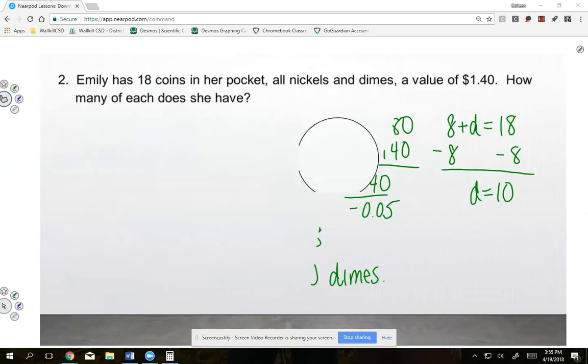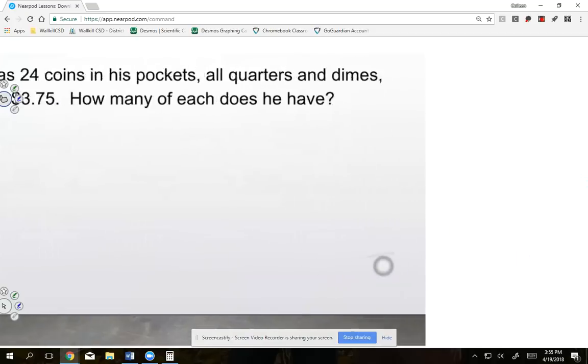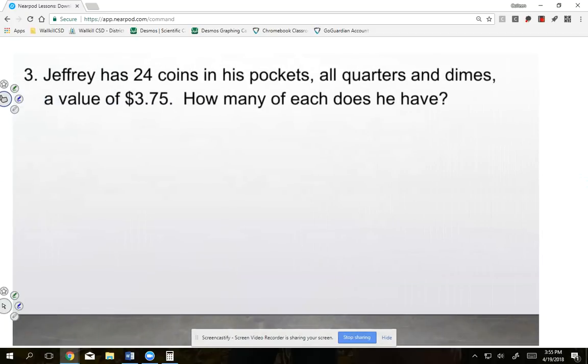All right, number 3 is very similar to this. Take a second, read it to yourself, see if you can come up with the two equations. Again, start with one that just tells us the number of coins that Jeffrey has, and one that gives us the value of those coins.